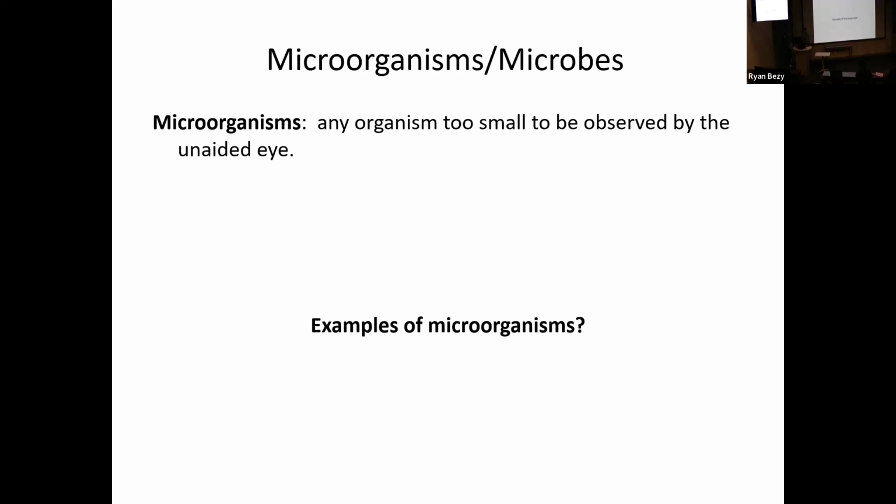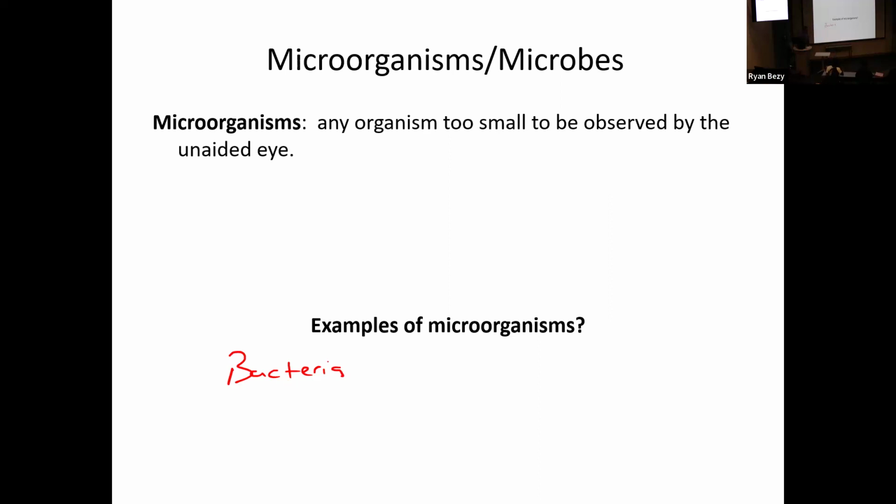What are maybe some examples of microorganisms? So bacteria is going to be a main grouping of microorganisms. Or maybe some others. Enzymes are not going to be microorganisms. They are too small to be seen, but they're not living organisms.